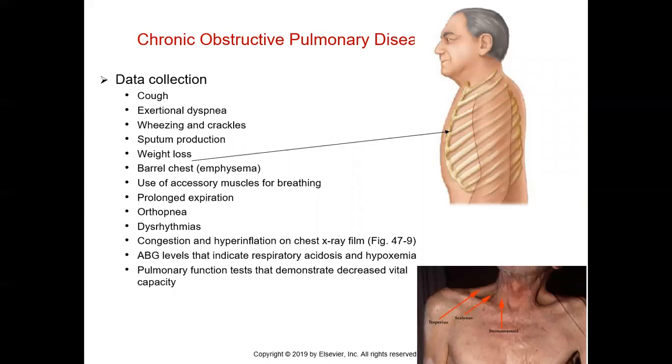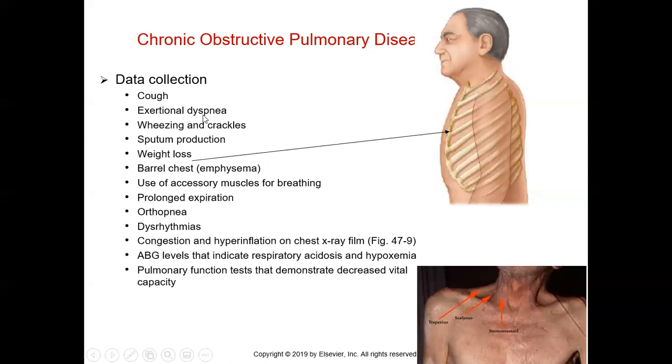If our patient has COPD, what are the common presentations, or what are the signs and symptoms in case of COPD? Sometimes the patient presents with shortness of breath or hypoxia, cough, and exertional dyspnea.